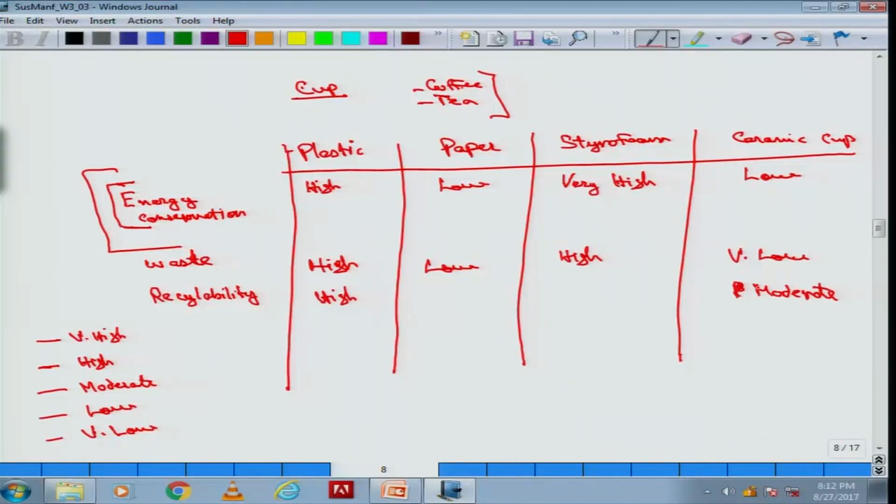For the paper cup, the recyclability is again moderate, and for styrofoam it is again high, right. So, next is water conservation.